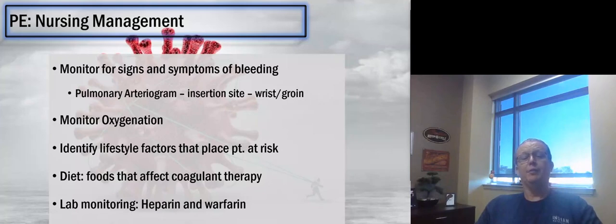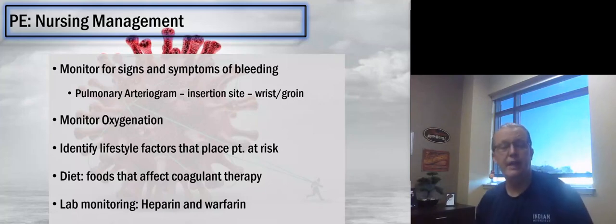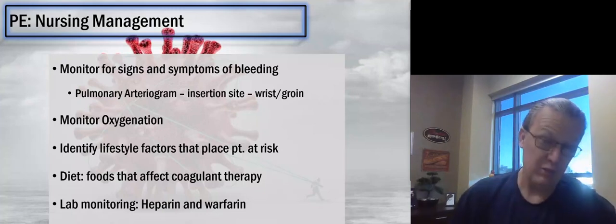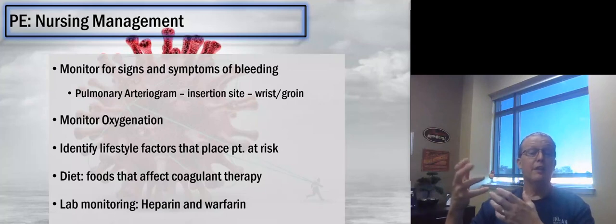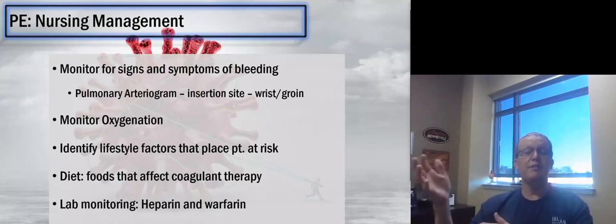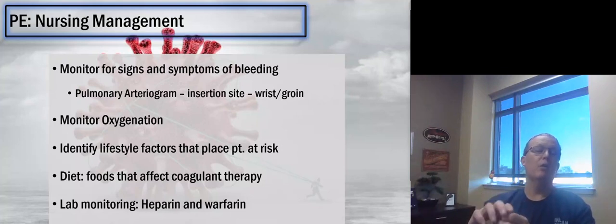We may also have to modulate that as we send them home on coagulation therapy, because foods that are high in vitamin K can interfere with or decrease the efficacy of the coagulants that they are going home on to help prevent this problem.